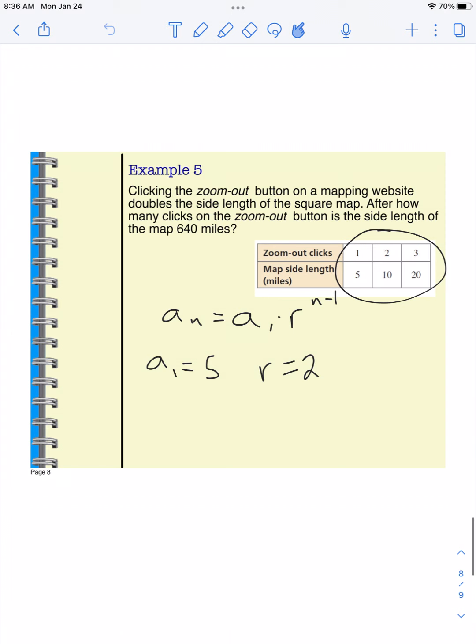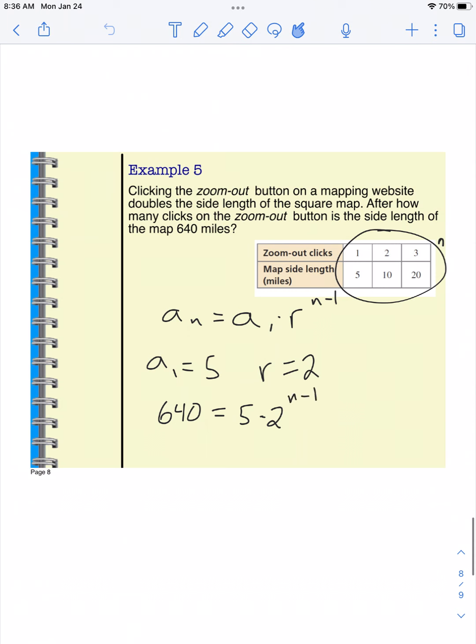5 times 2 is 10. 10 times 2 is 20. It also tells us in the problem that it doubles the side length. So the zoom out clicks is like our n, or x, the term that we are on. And we want to know how many clicks, so the n value, if the side length is 640. So 640 equals the first term times the common ratio to the power of n minus 1.